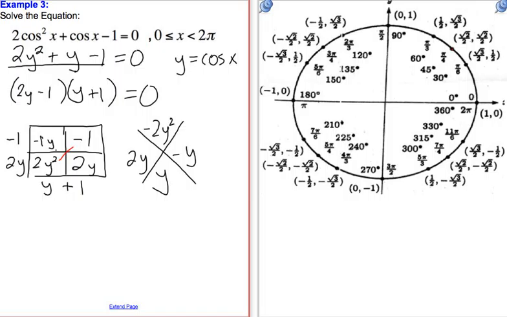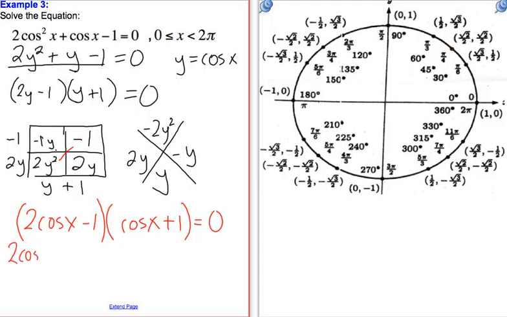That's another way to get it using the diamond problem. So now I'm going to go back to cosines, and replace every y I see with a cosine of x. So I really have the equation 2 cosine of x minus 1 times cosine of x plus 1. That's equivalent to my original equation, and of course it equals 0.